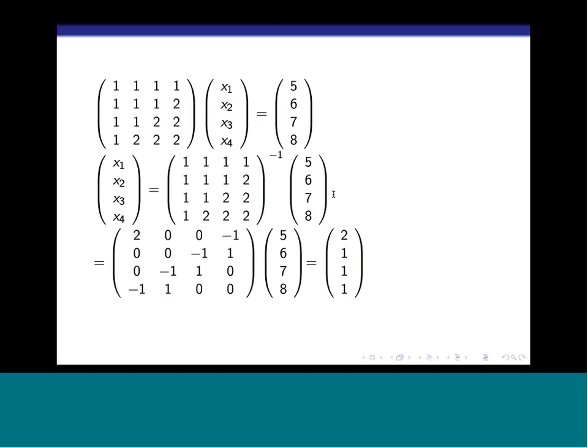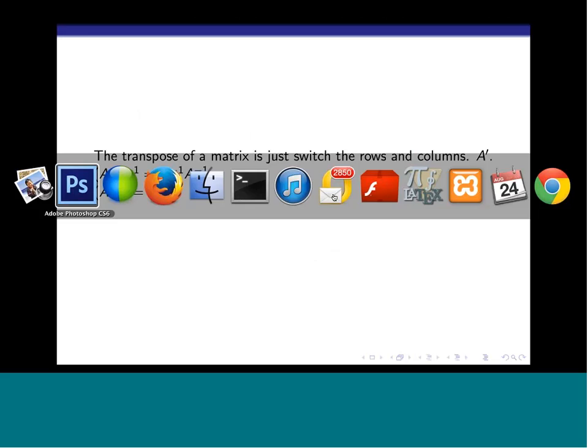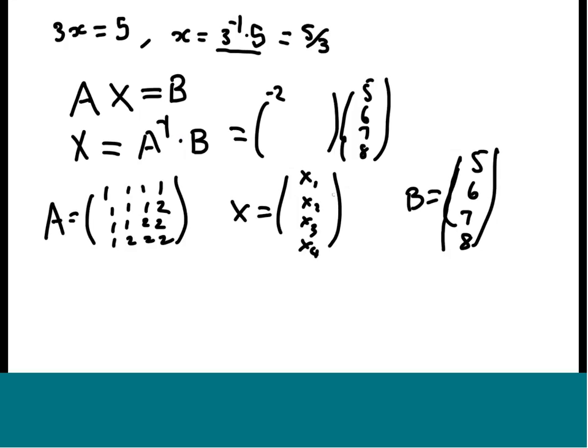Good. The other thing I didn't really tell you is you have something called transpose. Transpose is switching the row and the column. So let me give you some example with it. For example, I'll still use that one. 1, 2, 3, 4, 5, 6, 7, 8, 9.